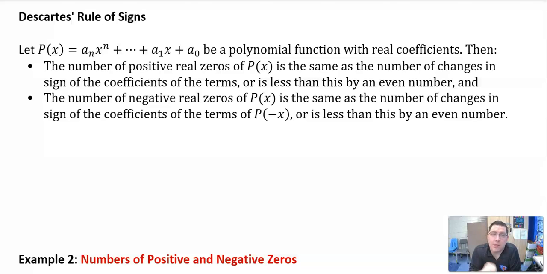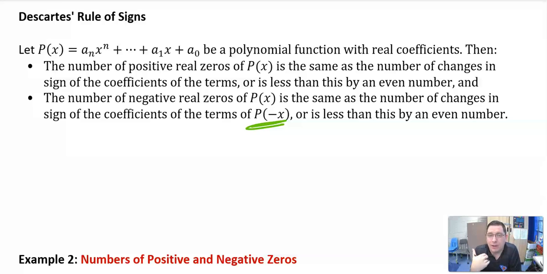And, part 2, the number of negative real zeros of the function is the same as the number of sign changes in the signs of the coefficients of the terms of p of negative x. That's a key point here. We're going to see that in an example. Or it's less than that by an even number.